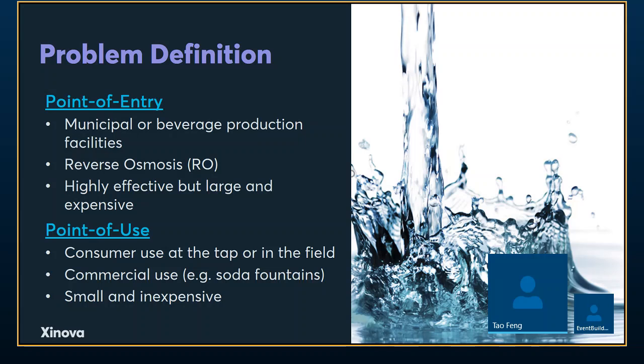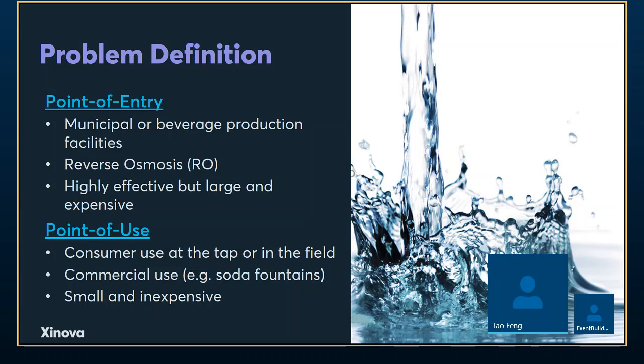Before going into the technical challenges of this RFI, let's take some time first to talk about the problem definition. What exactly is point of use water purification? On the spectrum of water purification systems, one end is point of entry purification, which is used by government entities to purify water from the environment before introducing the water to the municipal systems.